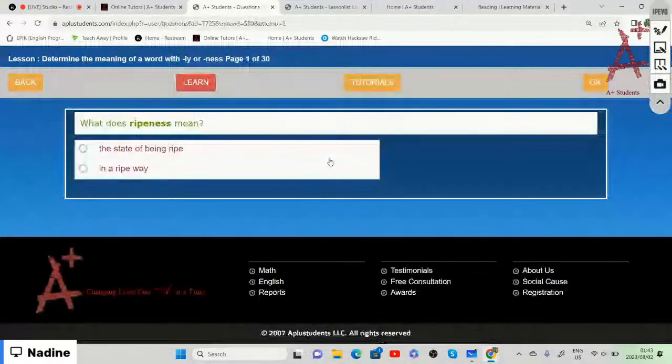So what does ripeness mean? Ripeness. And this is where we have to determine what the meaning of either ly or ness is in order for us to know what the meaning of the word is. So ripeness. Is ripeness the state of being ripe or in a ripe way?